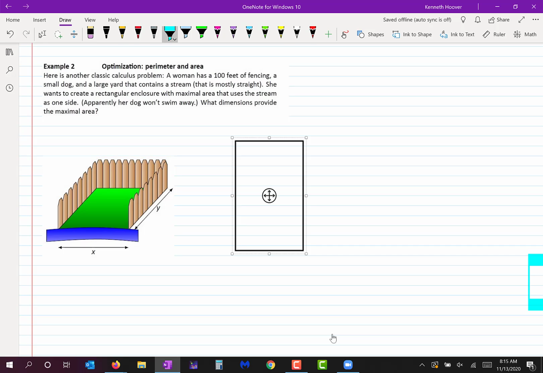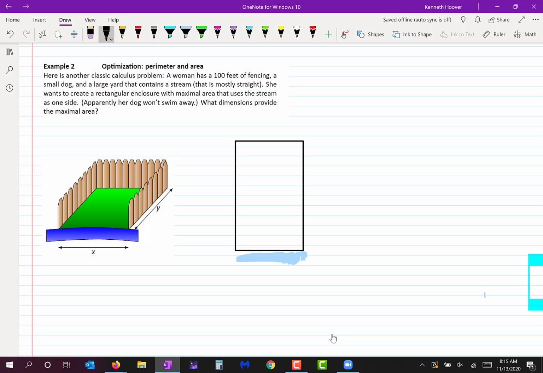Okay, now the only difference is that this time there's a little river running right here. My computer's really not working very well today. Okay, that's the river. All right, so okay, I think it's done.